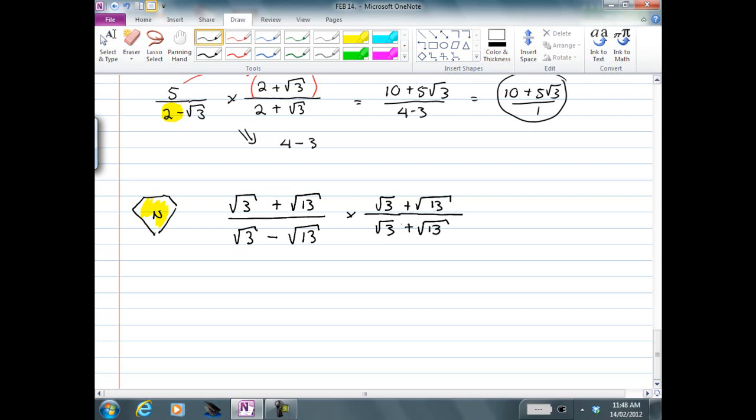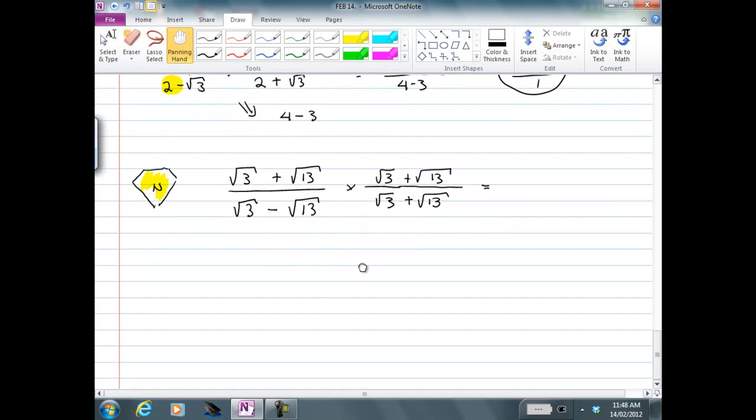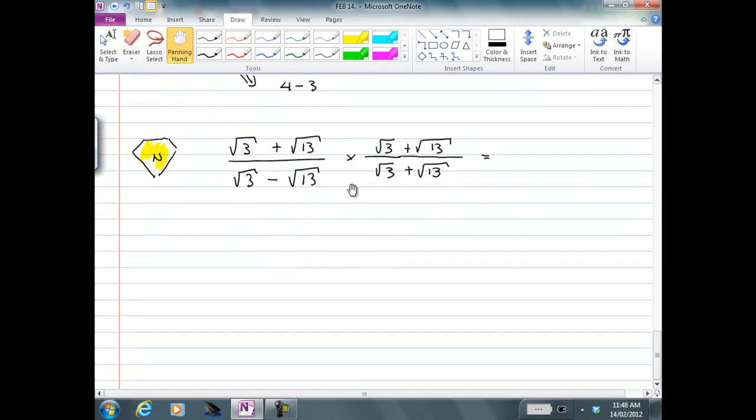Now, let's use my little shortcut on the bottom. If you expand out the bottom, what would you get in the denominator? Would you agree this is going to be 3 minus 13? Agree? No tricks.